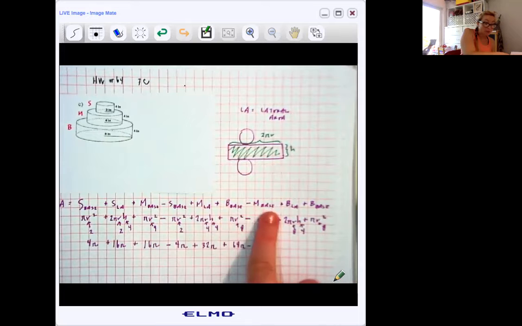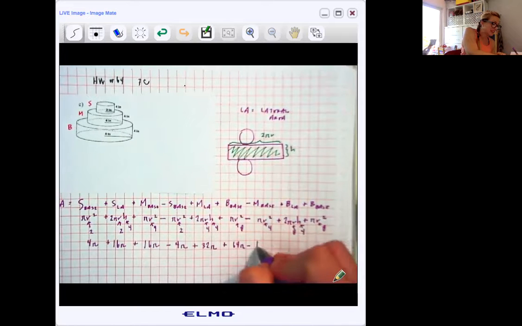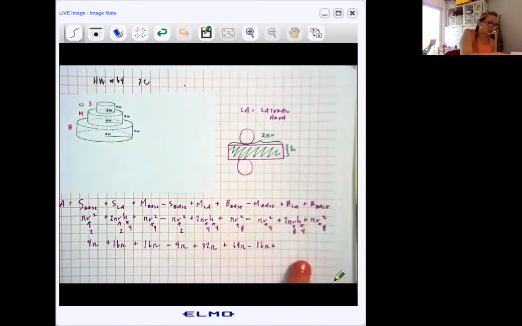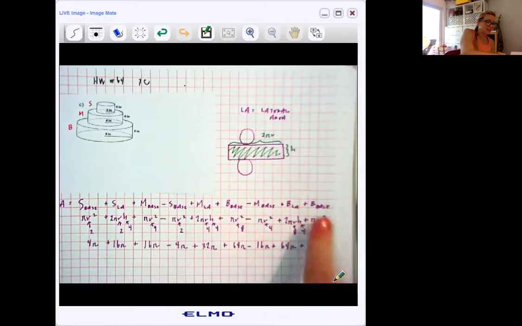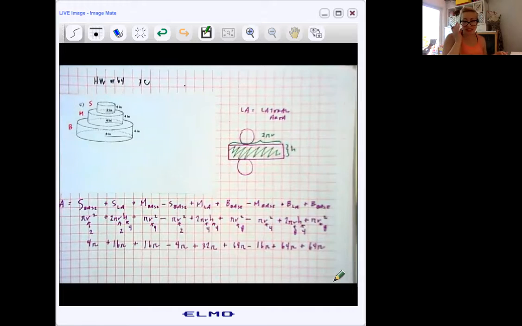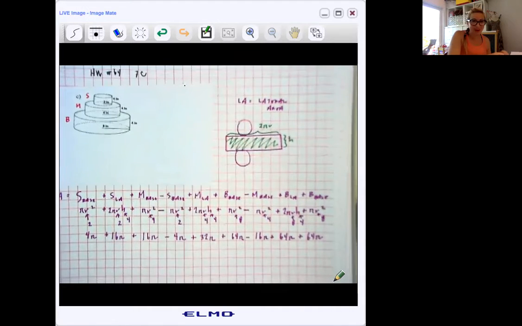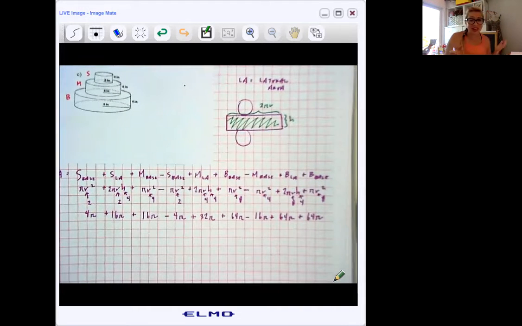The medium base, 16 pi, I'm going to take that away. My big lateral area, so 2 times 8, we're at 16, times 4, we're at 64 pi. And then the big base on the bottom, 64 pi. All right, so we have a lot of like terms here. Everything has a pi, so I really just have to add and subtract.